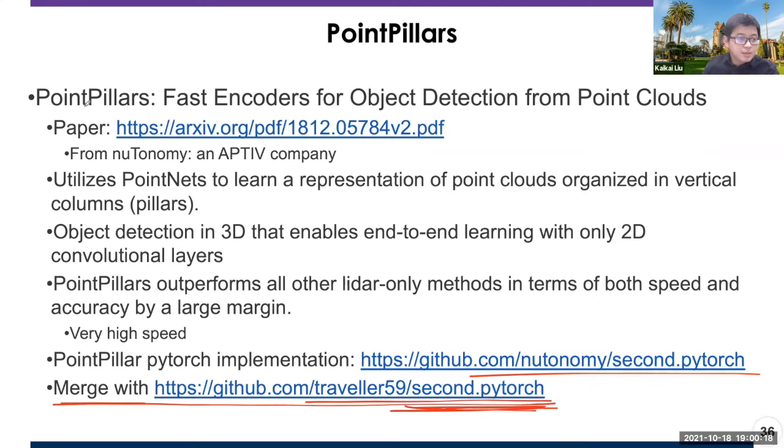And PointPillars is coming from a company. SECOND is coming from a professor at Chongqing University, Yan Yan. He's from academia. Although it's not a very famous university, his work is really good.